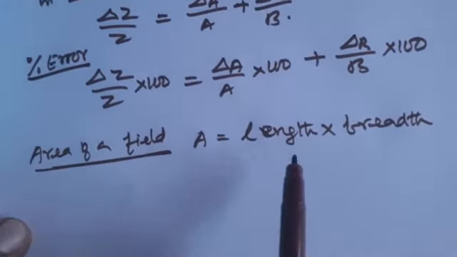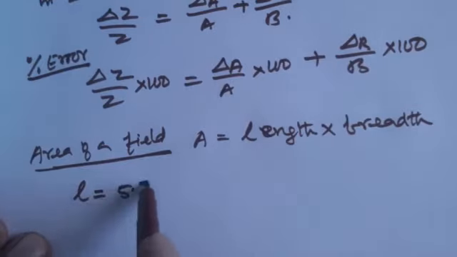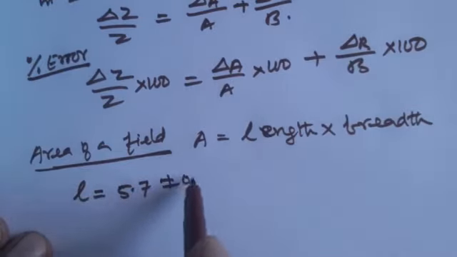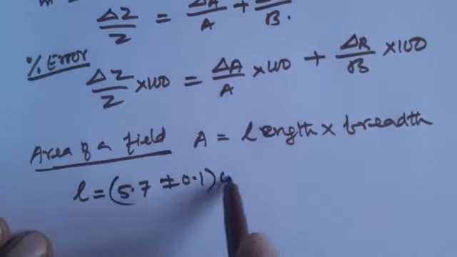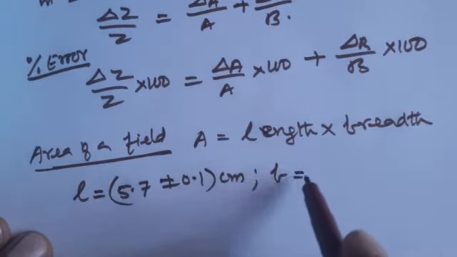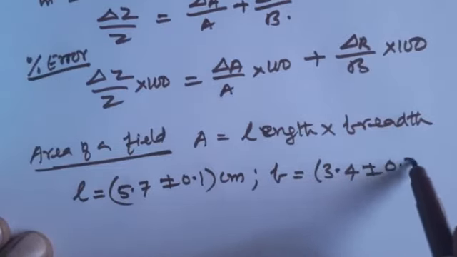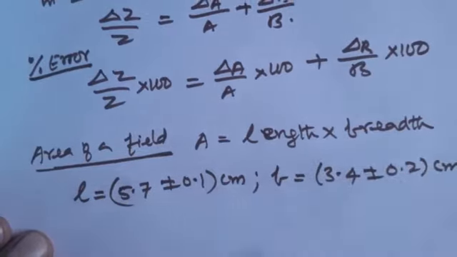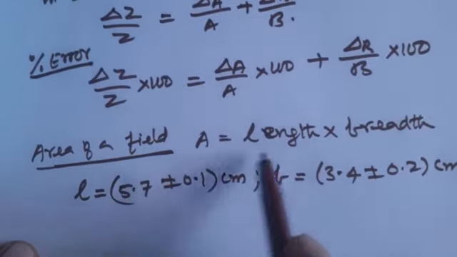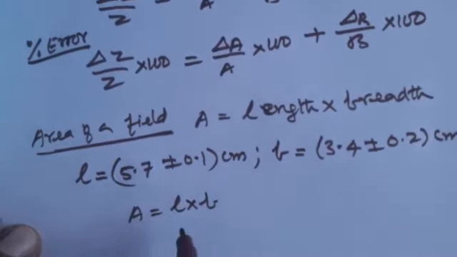We'll go for one example. Let the measured value of length be 5.7 plus or minus 0.1 centimeter, and the measured value of breadth is 3.4 plus or minus 0.2, in centimeter. So area equals length into breadth.